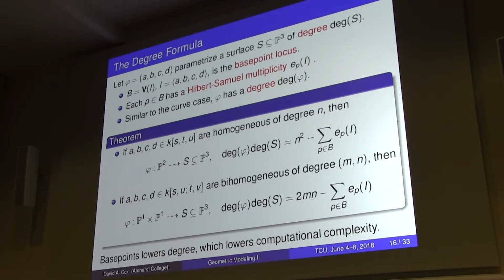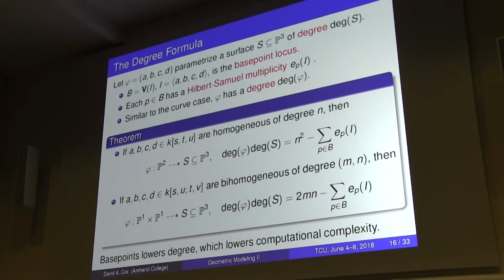And so the degree is built from, basically, in this case right here, when I homogenize, I get homogeneous polynomials of degree n when I'm going from P2 to this. And I notice that here it's a rational map because there might be base points, might not be defined everywhere. And so basically, I get n squared, the product of these degrees, but then I have correction factors coming from the base points.